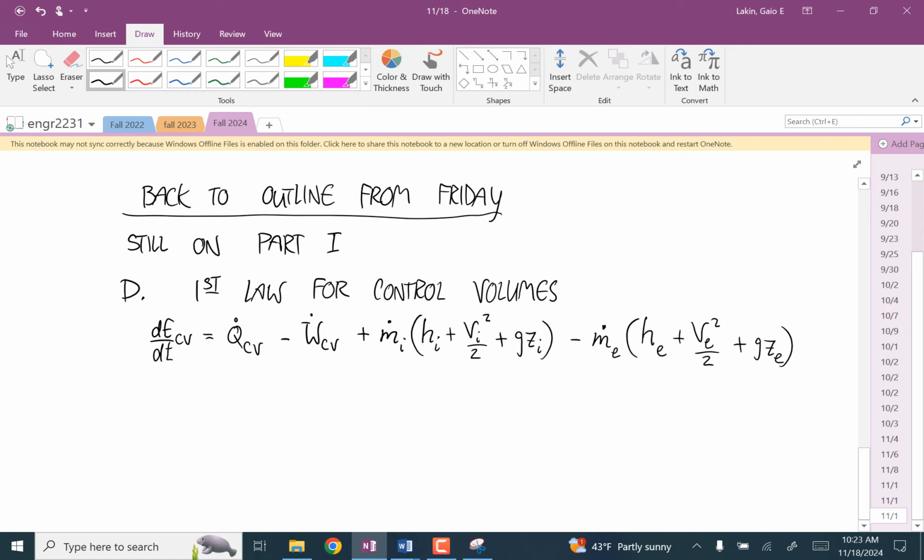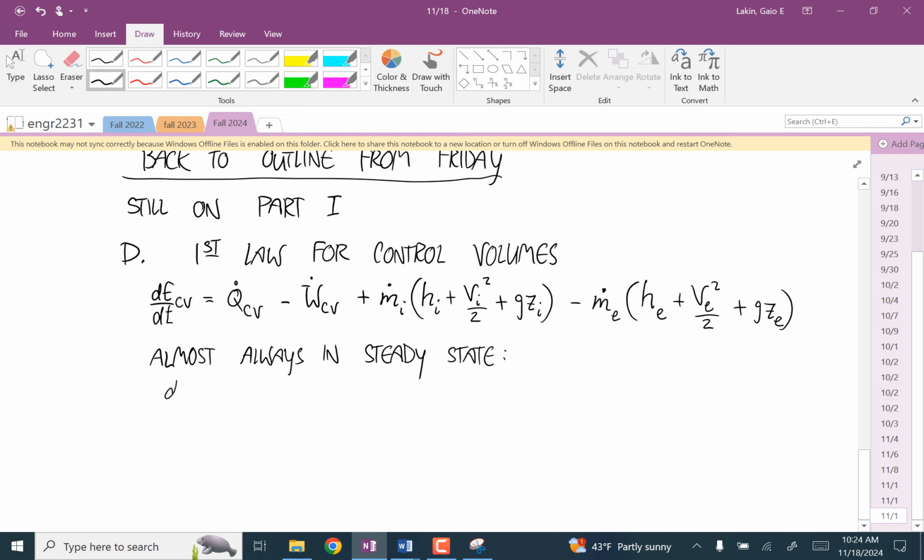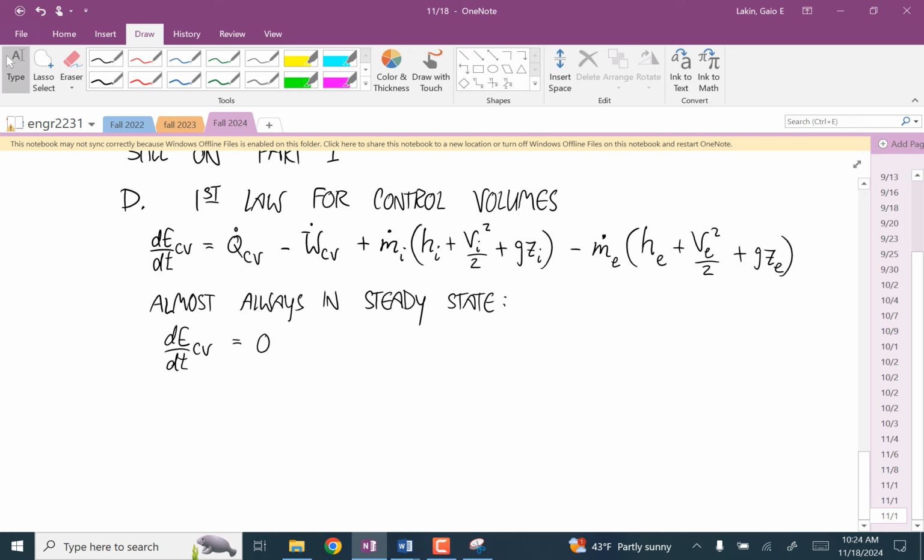And when we do these problems, it's almost always in steady state. And so when it's in steady state, that means dE/dt is equal to 0, and Mi dot is equal to Me dot, and you can just think of it as M dot.